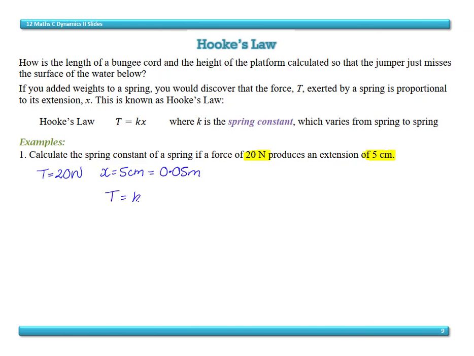Now T equals K times x, so 20 equals 0.05K, so our K is going to be 20 divided by 0.05, which is 400. If you want to know the units, our 20 was in newtons, our x was in meters, so it's newtons per meter.